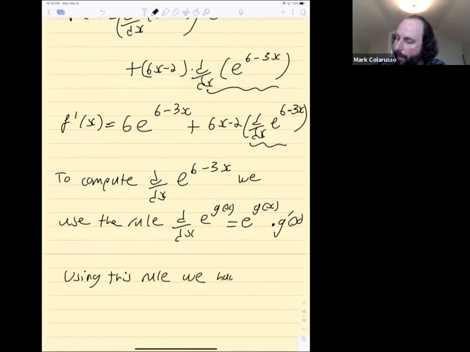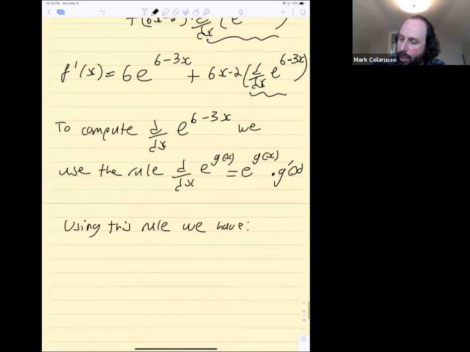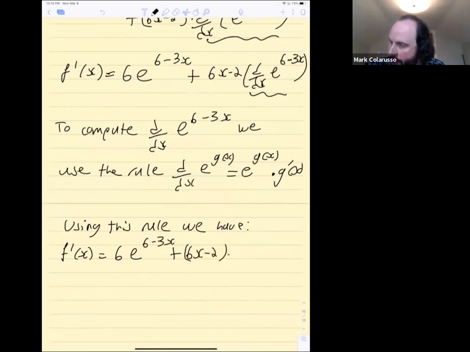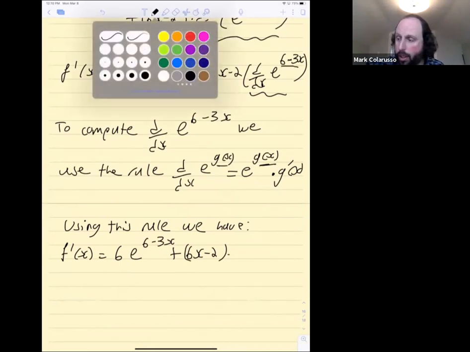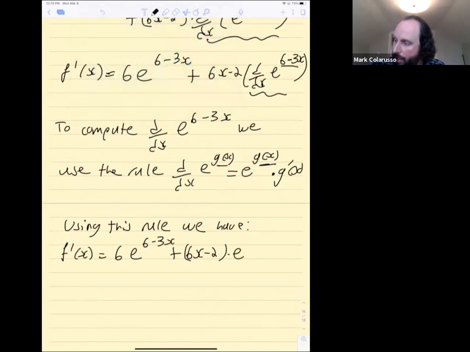we have that f prime at x is equal to 6 times e to the 6 minus 3x plus 6x minus 2, okay, times, what's the g at x? Here, it's just this function 6 minus 3x, okay? So it's a linear function, so that's really easy. So times e to the g at x back, so e to the 6 minus 3x times the derivative of 6 minus 3x.